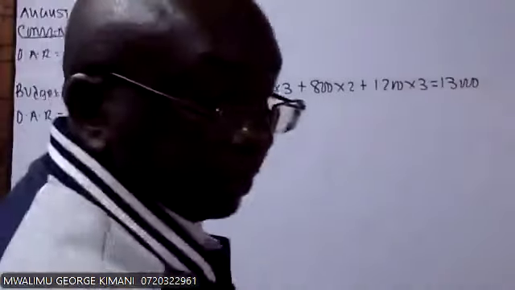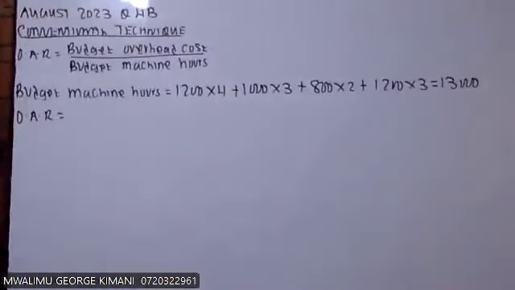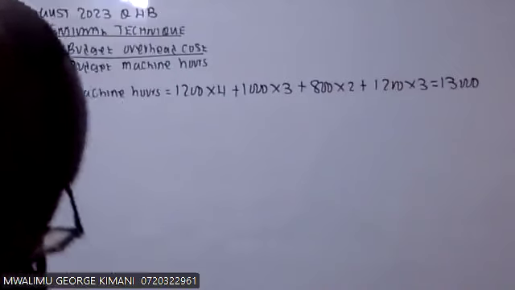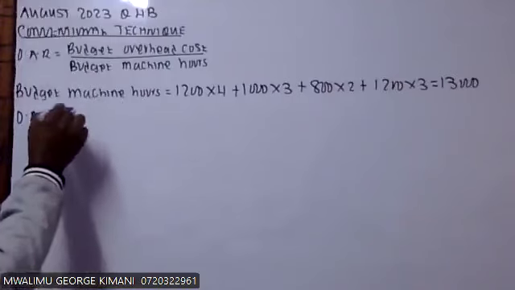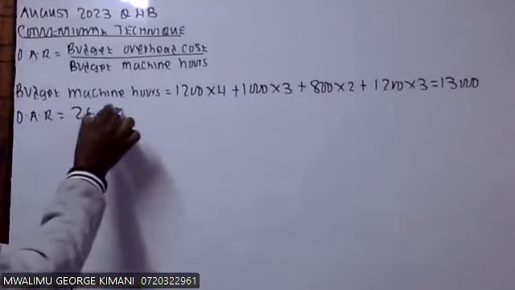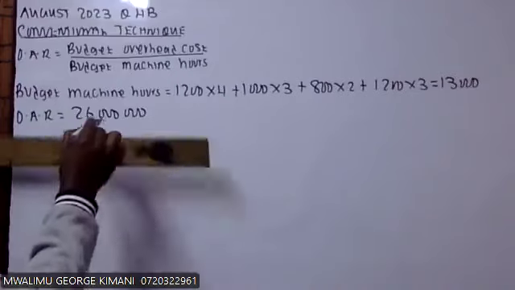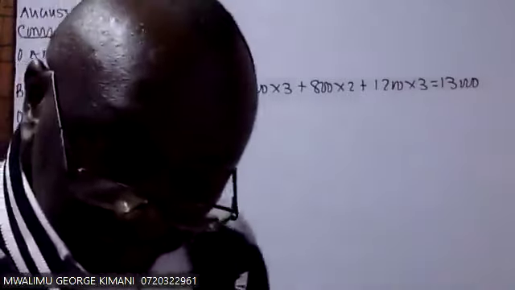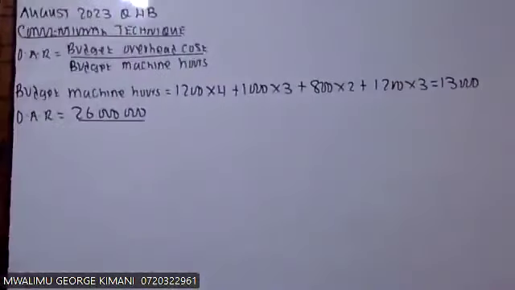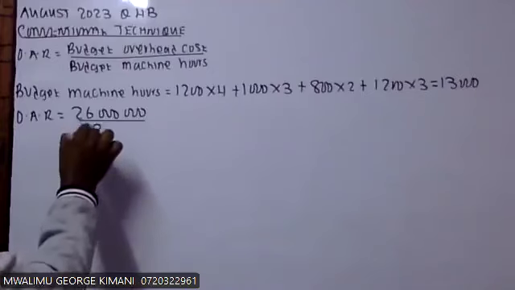The total overheads are 26 million. You divide this by the hours, 13,000.